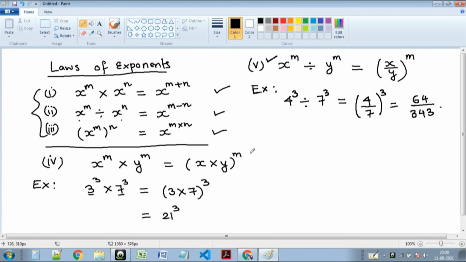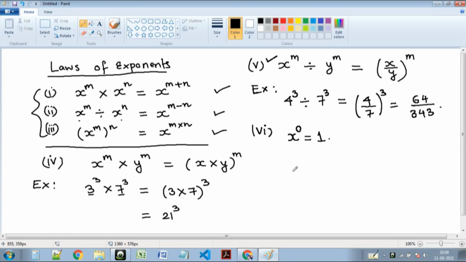Now let's see law number 6. So law number 6 is very easy but it is important as well. In this law it says that if any number or any variable, its power is 0, always remember, whenever any number or any variable is having power 0 then it will result to 1 always.